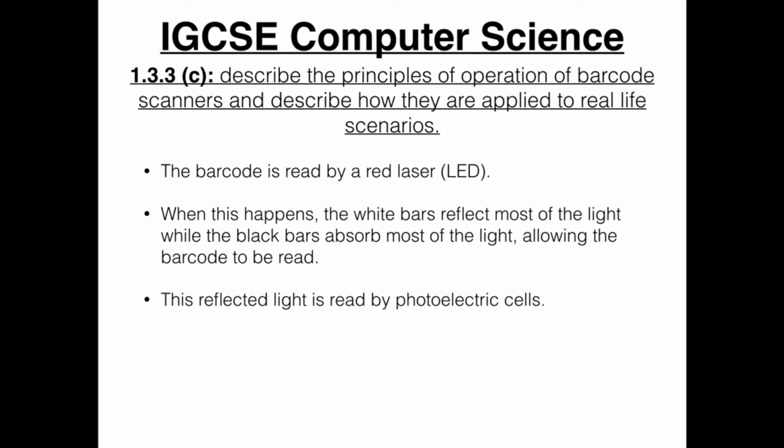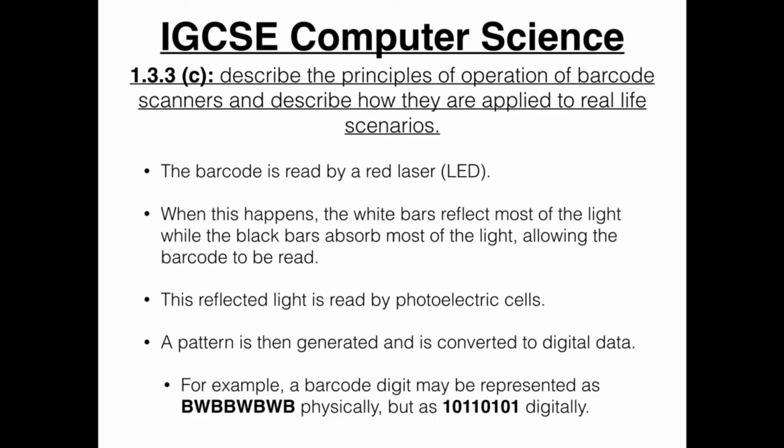Now, this reflected light is read by photoelectric cells, and a pattern is generated, and this pattern is converted to digital data. So, for example, if a barcode digit is represented as black, white, black, black, white, black, white, black, the number of consecutive black or white means thickness.